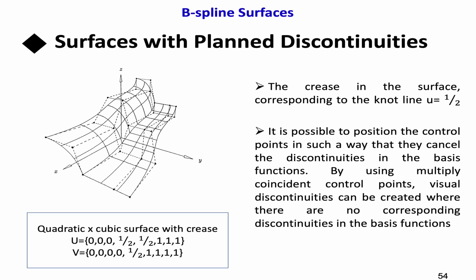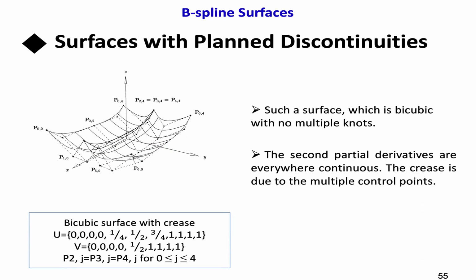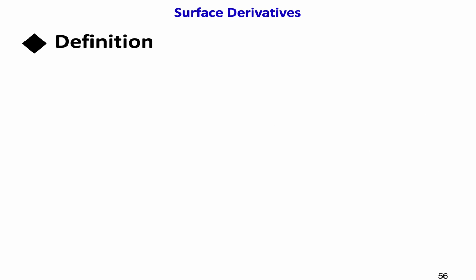It's possible to position the control points so that they cancel the discontinuities in the basis functions by using multiple coincident control points, and visual discontinuities can also be created where there are no corresponding discontinuities in the basis functions. The next picture shows a bicubic surface with no multiple knots, so the second partial derivatives are everywhere continuous. The crease is due to the multiple control points.